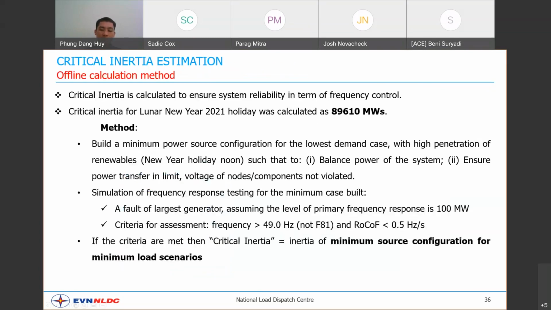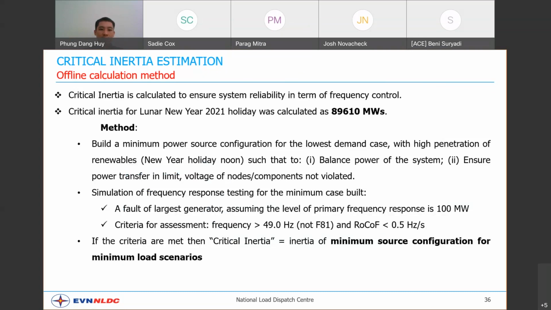And so for the minimum inertia, the method that we use is to determine the minimum configuration of generators for critical scenarios of the power system.